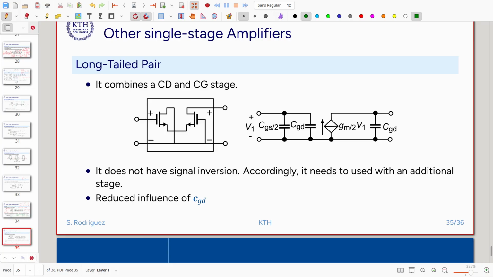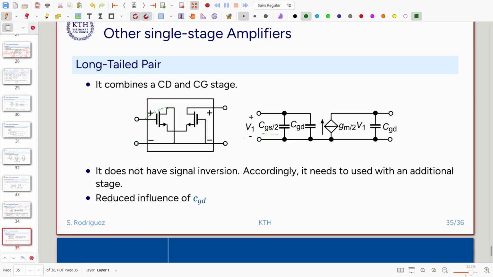We see here that CGD is basically connected to the minus terminal of the input and of the output, and that is a very interesting property because there is no Miller effect with this capacitor. We have that the input impedance is also the same as in a differential pair, CGS divided by 2. It did increase the input impedance.